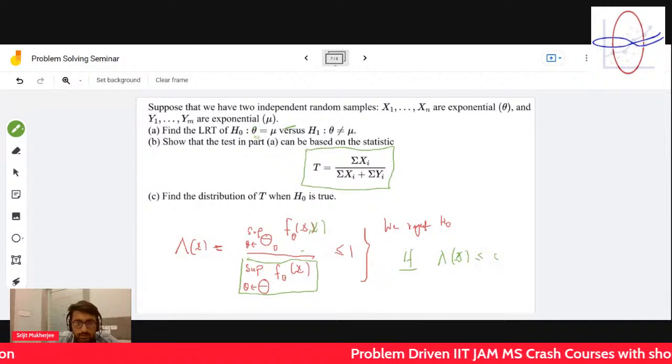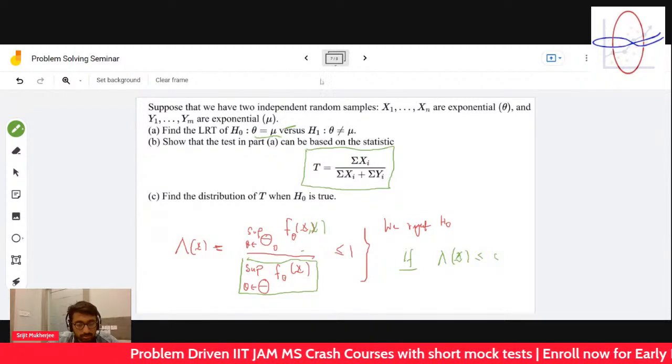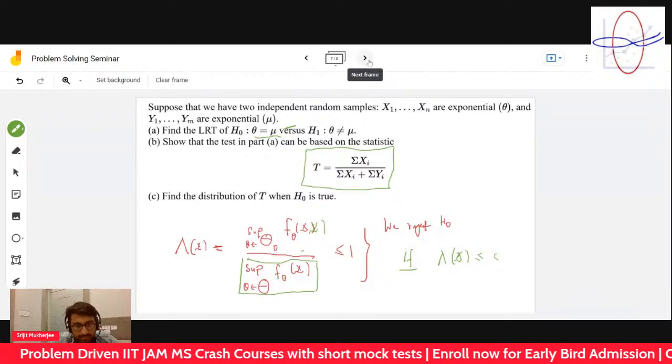This is under theta equal to mu. They're totally independent, that's why we can write it like that.